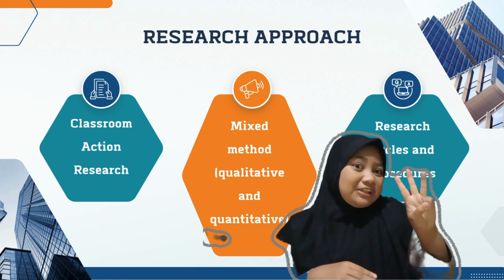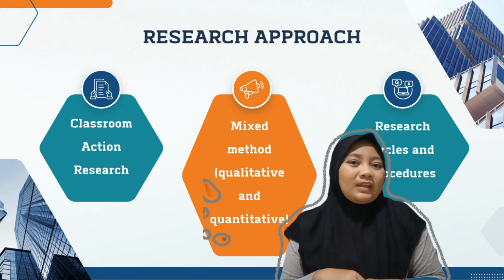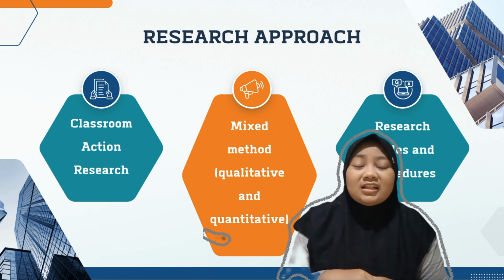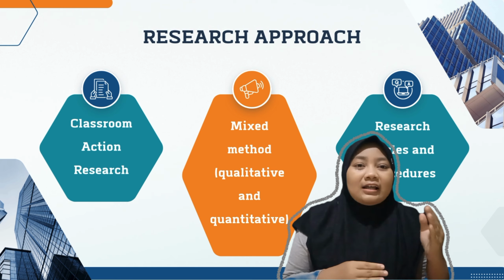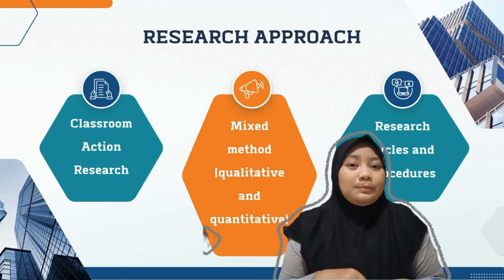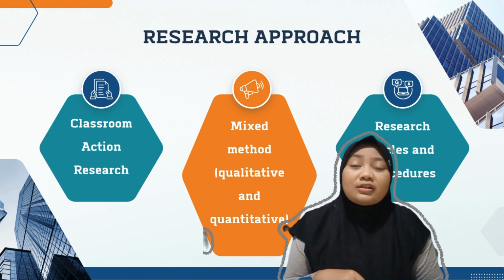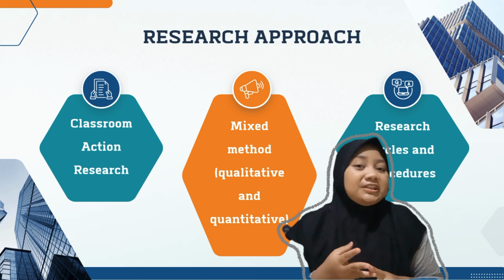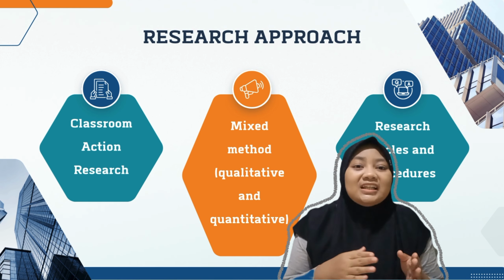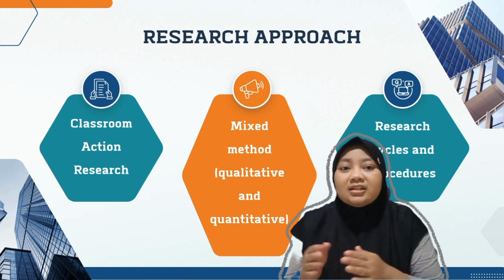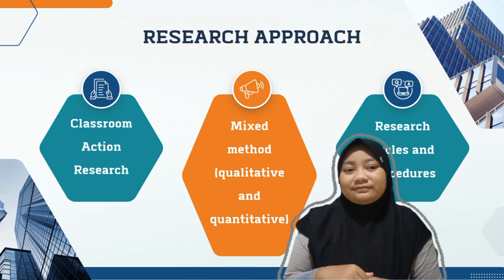Alright, for the last chapter is research methods. First part in research method is research approach. Classroom action research. This approach emphasizes iterative cycles of planning, action, observations, and reflections to improve teaching practices and enhance students' learning outcomes.